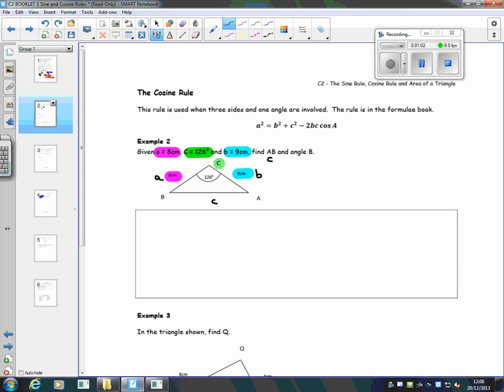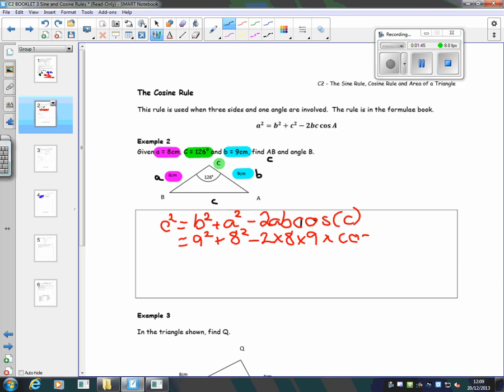So we're actually trying to find c squared, which will be equal to b squared plus a squared minus 2ab cos of capital C. So if we plug in the values that we have on our diagram and in our question, we have 9 squared plus 8 squared minus 2 times 8 times 9 times cos of 126 degrees.